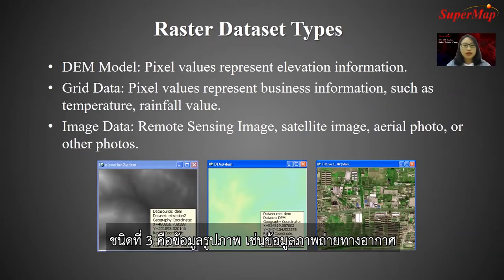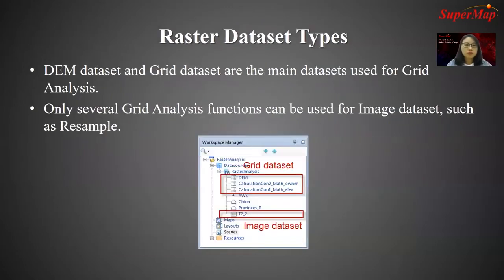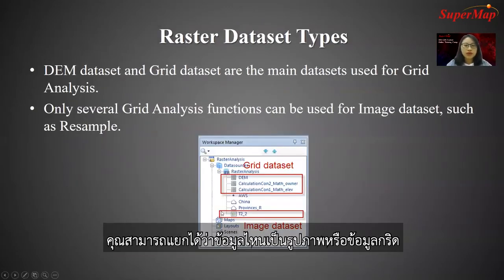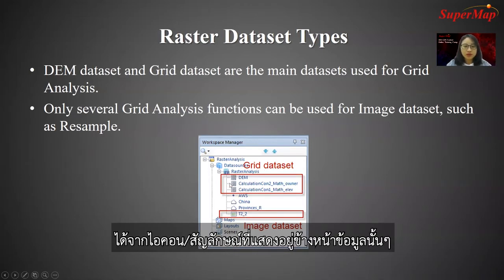And the third one is the image data, just like remote sensing images, satellite images, or other pictures or photos. So here you can identify which datasets are grid datasets and which datasets are image datasets by the icons before the dataset.